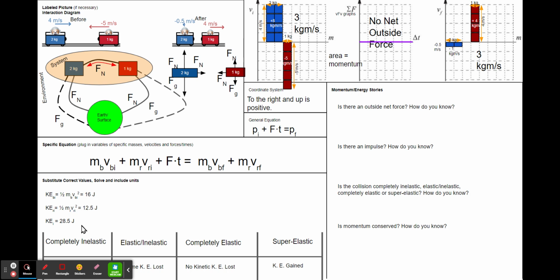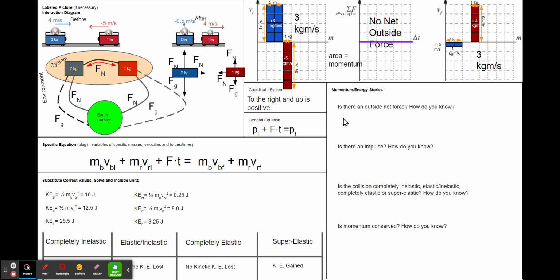We add those together to get 28.5 joules of total kinetic energy before the collision. After the collision, we get a kinetic energy for the blue cart of 0.25 joules and for the red cart of 8.0 joules. We add those to get 8.25 joules. Notice our total kinetic energy has decreased from 28.5 to 8.25 joules after the collision.